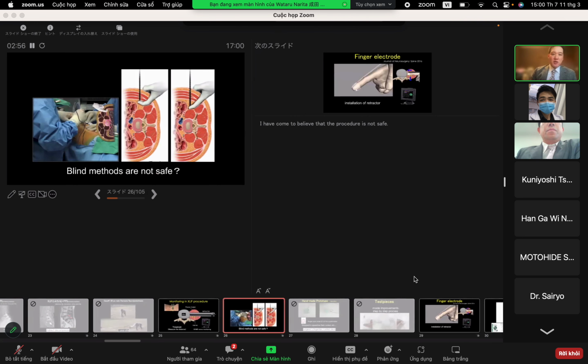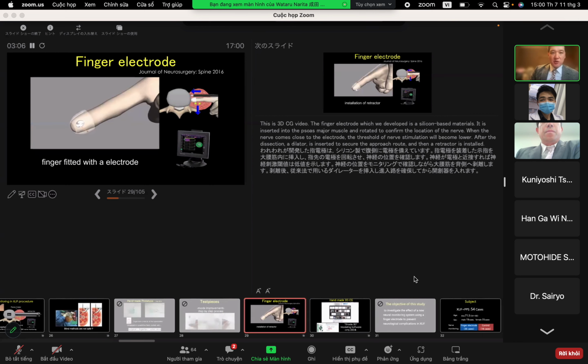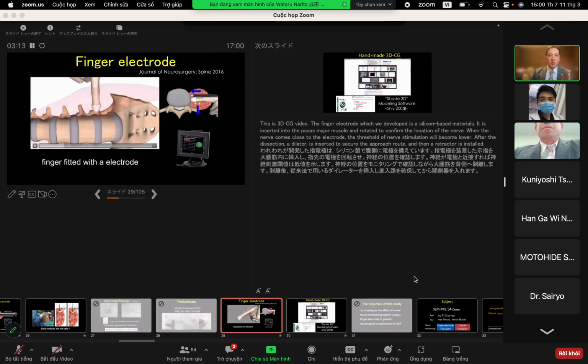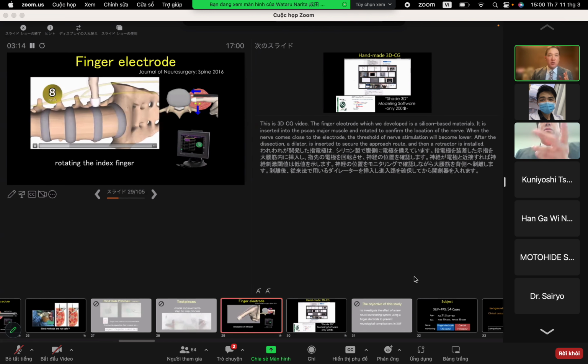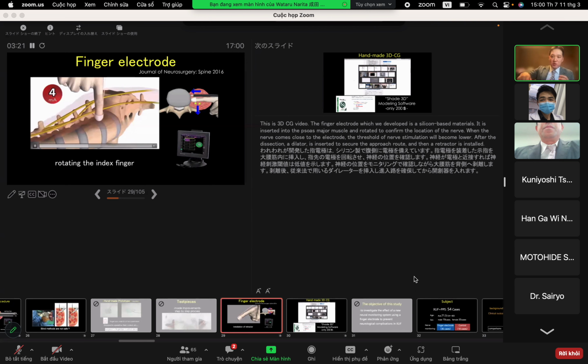But I have come to believe that the procedure is positive because of the broad methods. So I think this method, so this is really to see the videos, the Spring Retractor airport which we developed. This is plastic material. It's inserted into the psoas major muscle and rotated to confirm the location of the nerves.